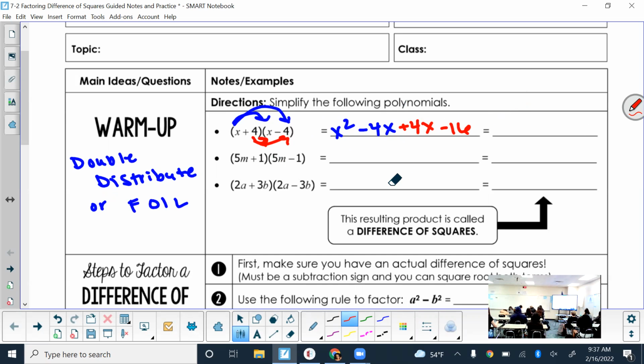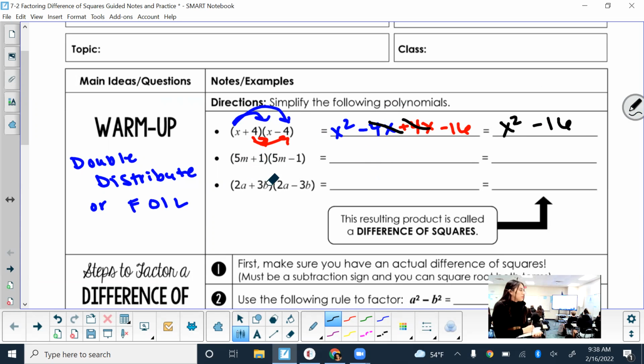Usually after distributing, you have to do what? So what are my like terms in this one? And what happens when I combine them? It equals 0. -4x plus 4x equals 0. They cancel out. So my final answer just ends up looking like this: x squared minus 16.